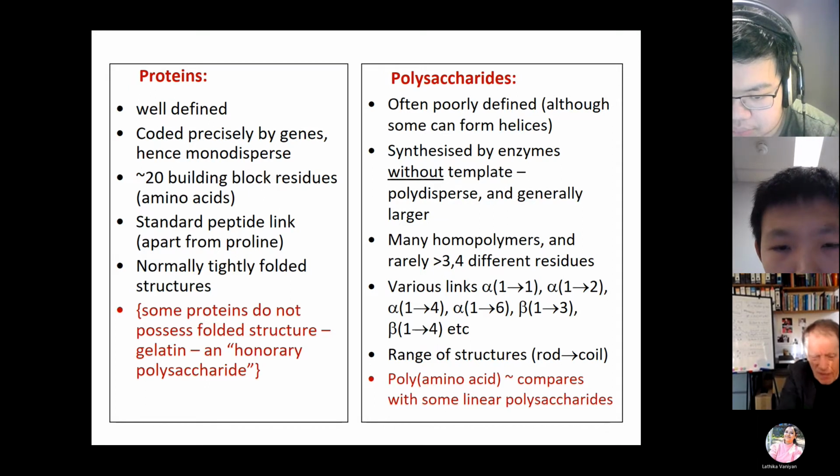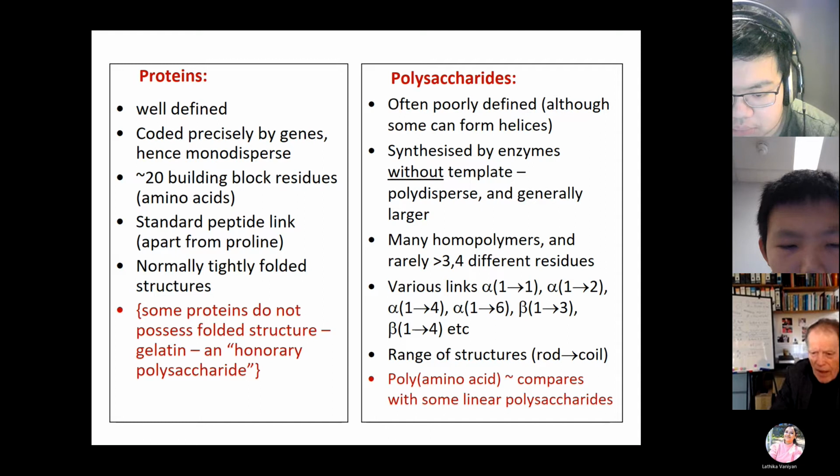And a classical example of a non-folded protein is gelatin, which has been described as an honorary polysaccharide. It's not a polysaccharide because it doesn't have glycosidic bonds, but in some ways it behaves like a polysaccharide in terms of its physical properties.